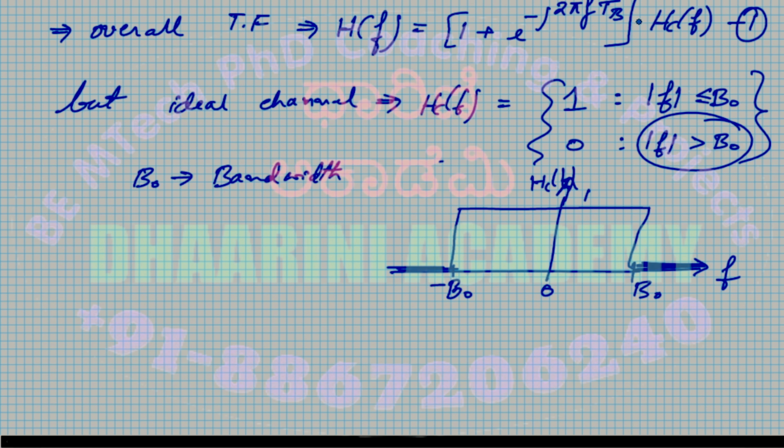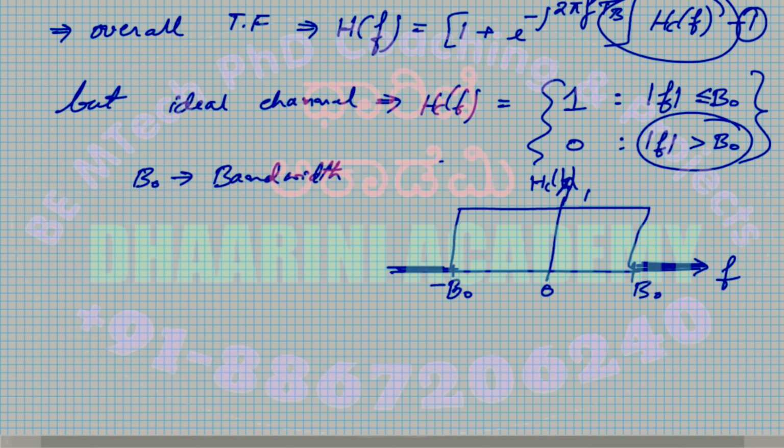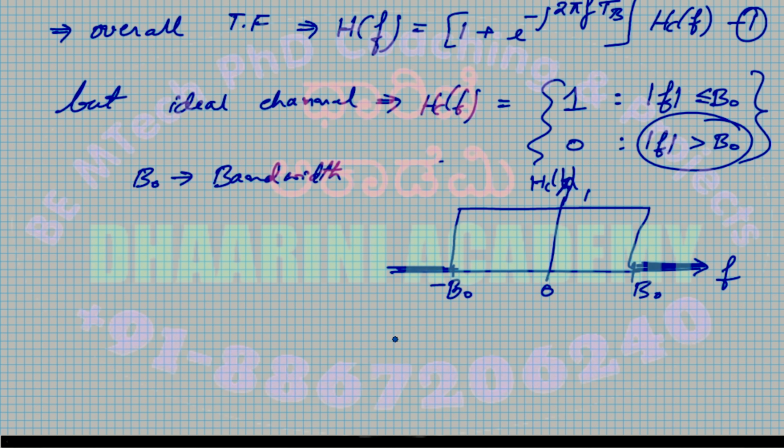Because there is a product, whenever the magnitude of the frequency is outside B naught, the whole H of f becomes 0 because Hc of f is 0. This is equation number 2. We substitute equation 2 in equation 1 to get the following.